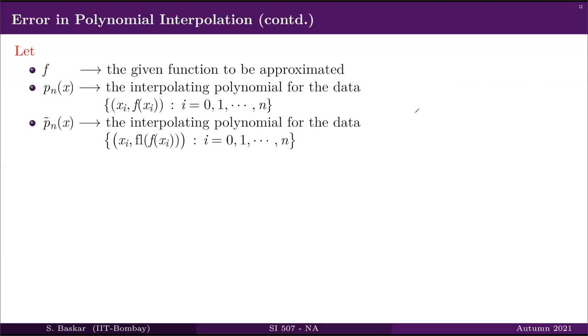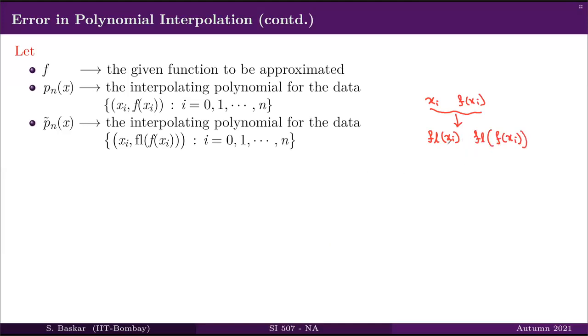We know this from one of our previous chapters. Therefore, when we give the numbers xi and f of xi to a computer, the computer actually takes them in an approximate form, which we will denote by fl of xi and fl of f of xi. These are the floating point approximations of the respective numbers.